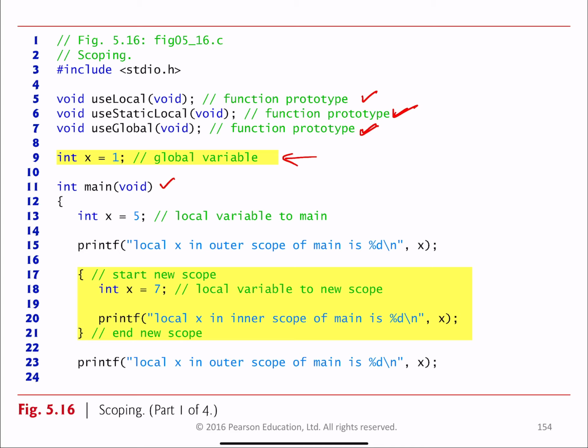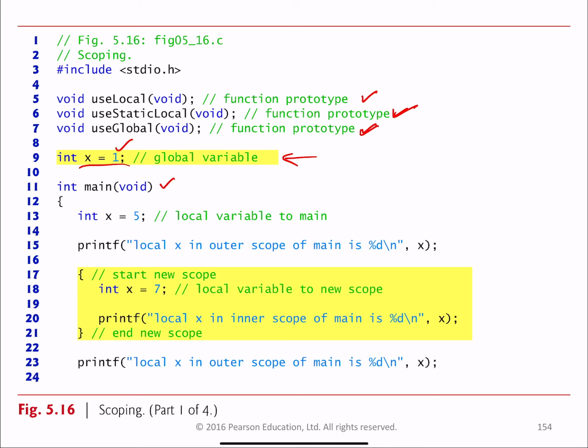This x, if there's no other variable x at the local level, can be accessed from any place in this file. That's why it has file scope. This variable will exist from the time that this program starts, to the time that it terminates.